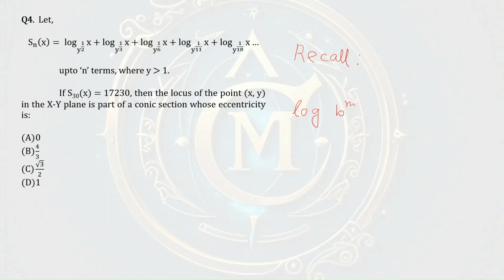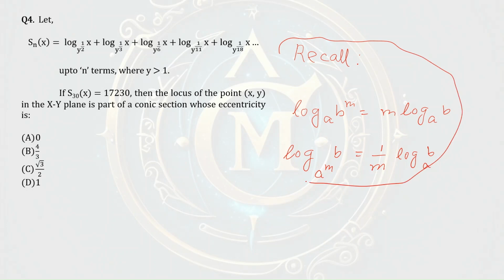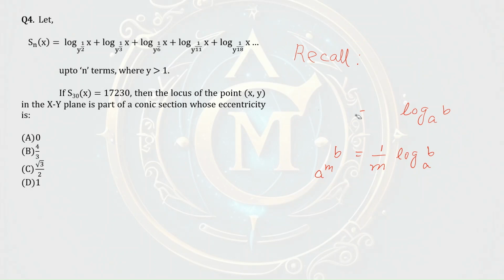Log of b raised to the power m with respect to base a is m log b with respect to base a, and log of b with respect to the base a to the power m is equal to 1 upon m log b with respect to base a. This is the property that we have to apply in this question. So let us create some space.